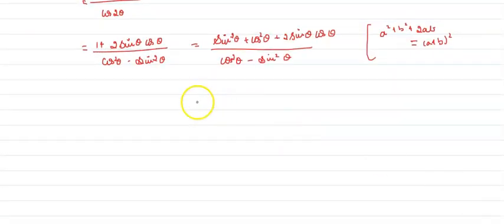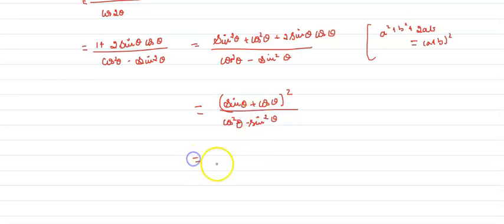So the numerator is (sin theta plus cos theta) whole square. The denominator is in the form a square minus b square, which you can write as (a plus b) into (a minus b), that is (cos theta plus sin theta) multiplied by (cos theta minus sin theta).